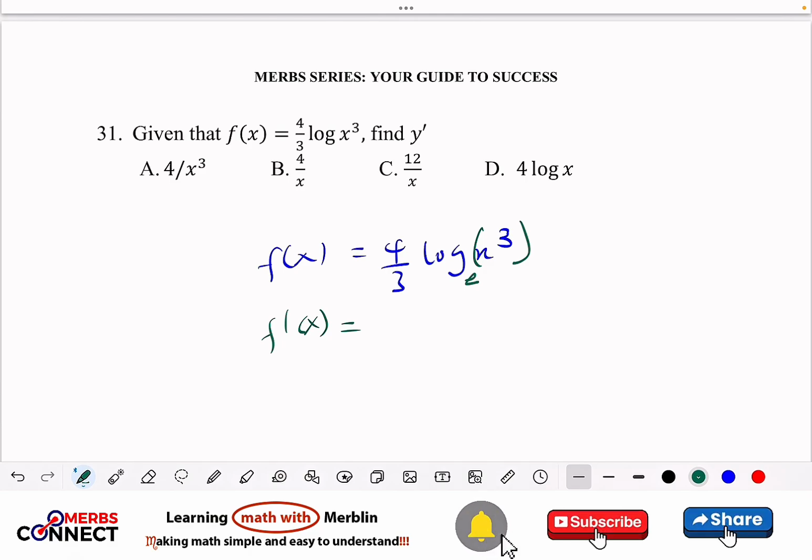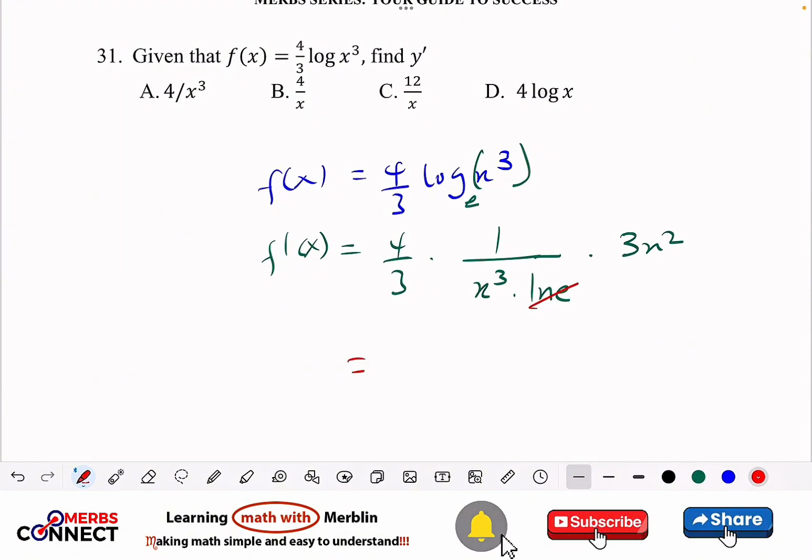So this is going to be 4 divided by 3 times 1 divided by what is inside the parenthesis times ln of the base, which is e, times I differentiate what is inside the parenthesis and have 3x squared. So now this will be 1. So I'm going to have 3 will cancel 3.